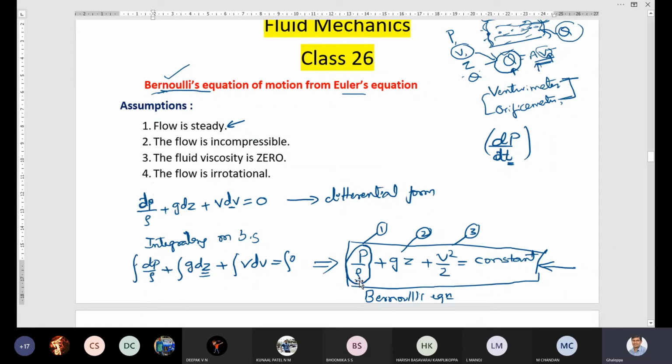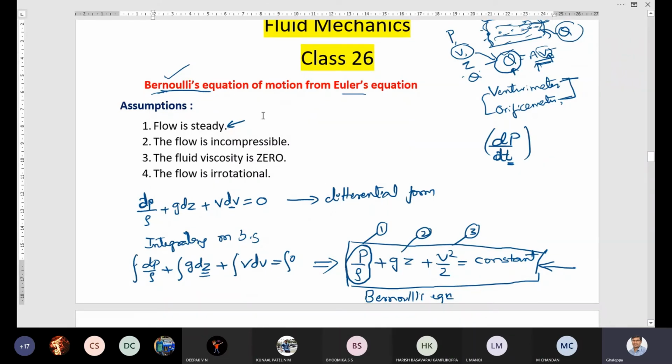But here, there is no term related to time. This is related completely to pressure and density. Here it is potential energy, here it is velocity. There is no term related to time. We have not considered any time.